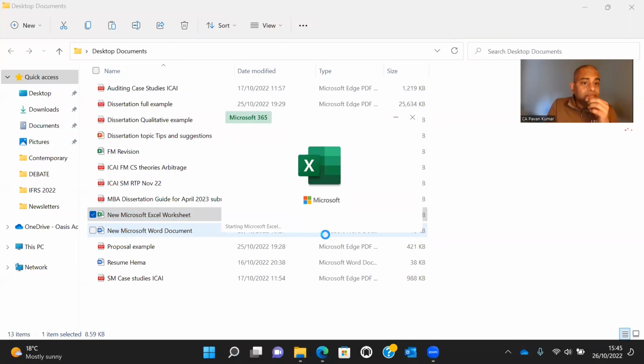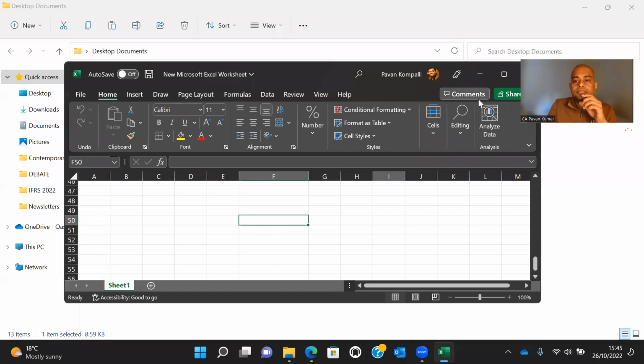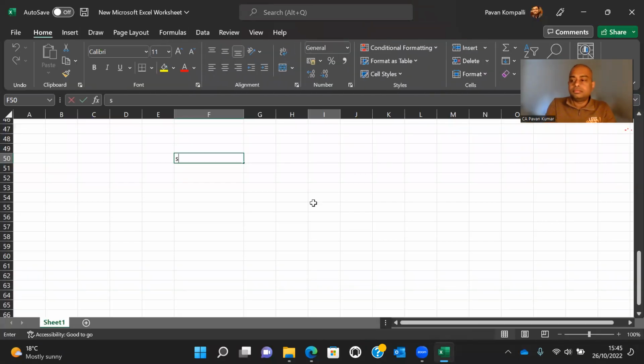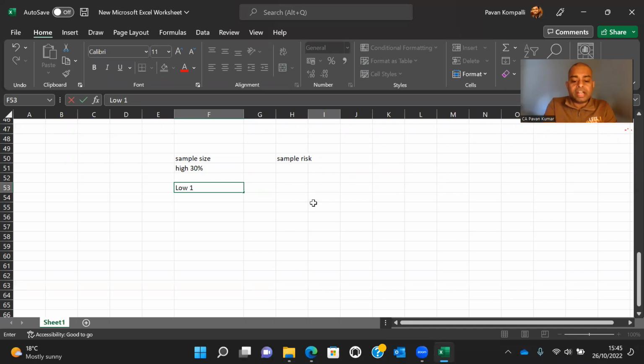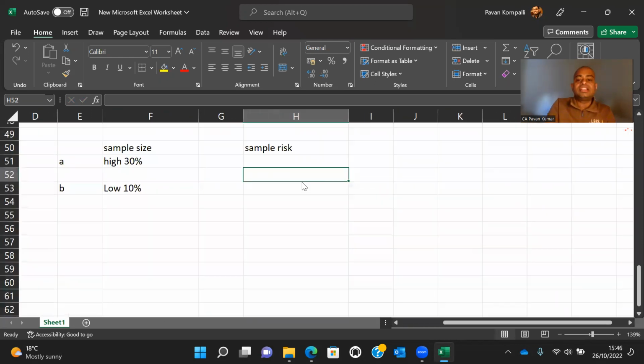If sample size is more, sample size and sample risk. Sample size is high. That means, say for example, you are conducting 30% sampling. Sample size is low. For example, you are conducting 10% sample. Now you tell me in these two situations, A and B, in which situation risk will be high.